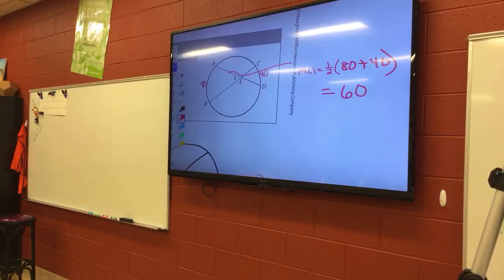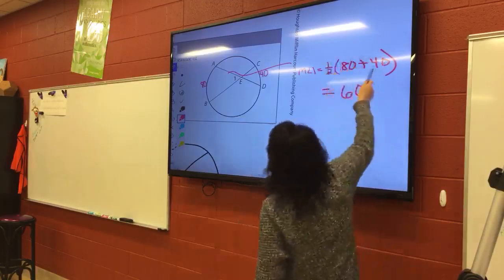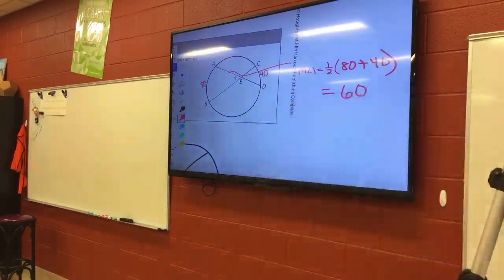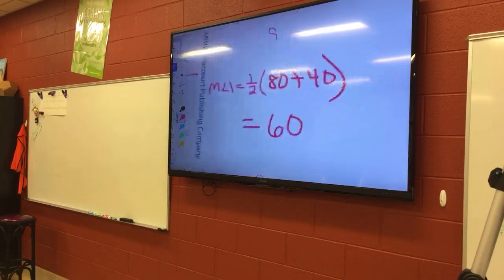Now, who can tell me where you've seen this before? Anybody know where you've seen something like that kind of equation before? Not in here, just in a math class?